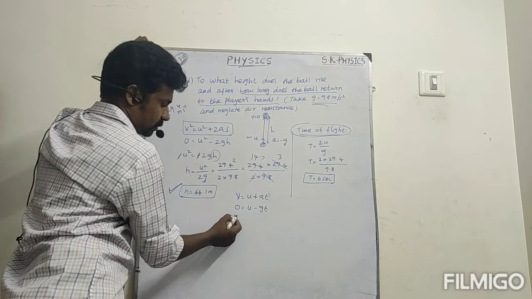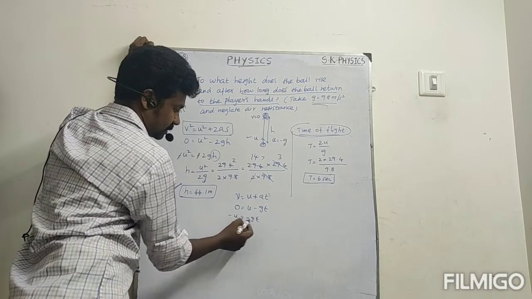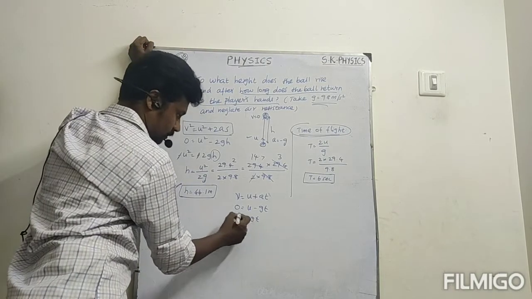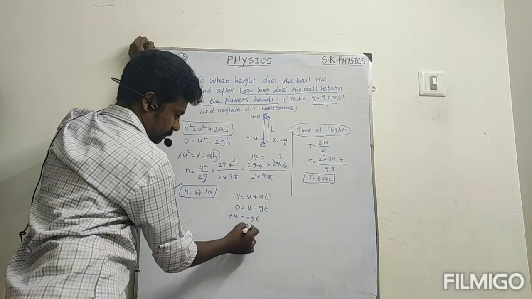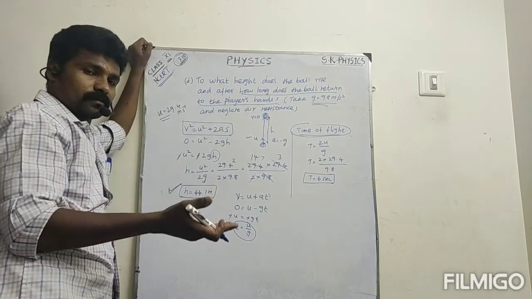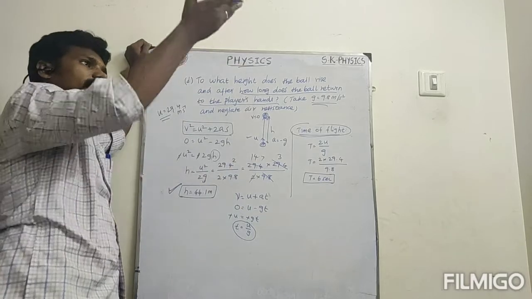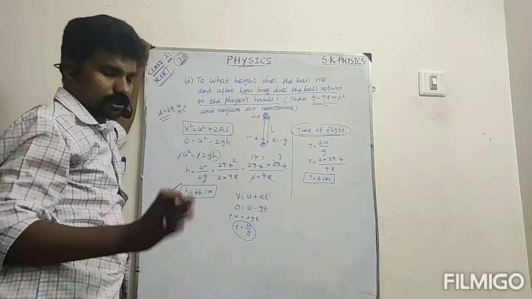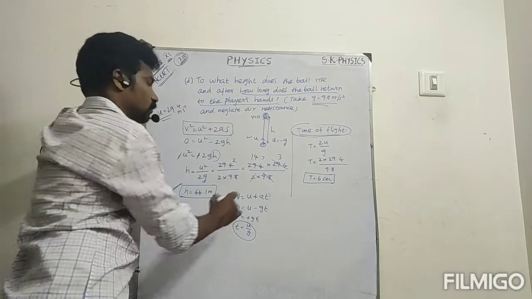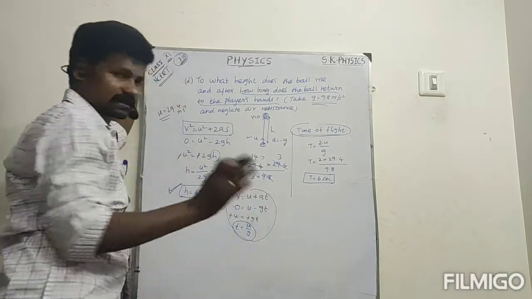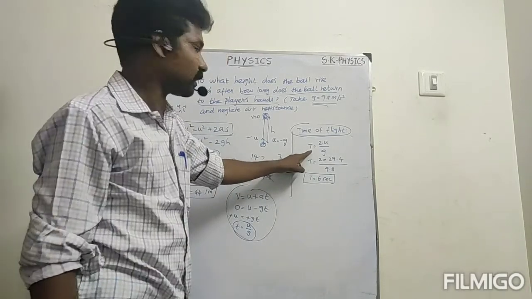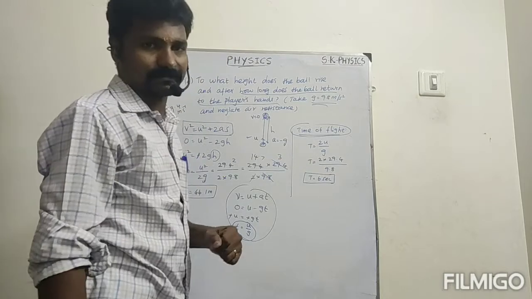So u is equal to gt, the minus signs cancel. Therefore t is equal to u by g. This is the time for moving upward. Upward time and downward time are equal, so u by g plus u by g is 2u by g. I will discuss this derivation later in the next chapter. For now, you should know the time of flight formula: t is equal to 2u divided by g.